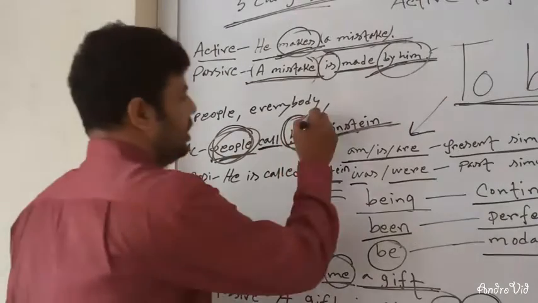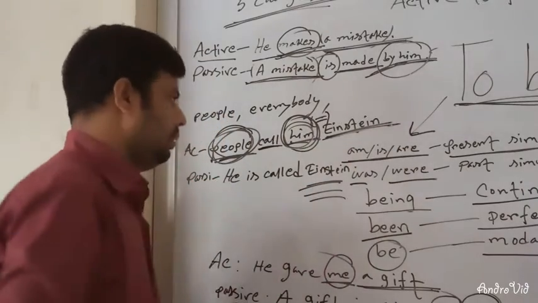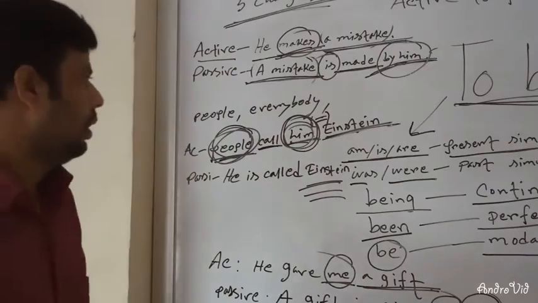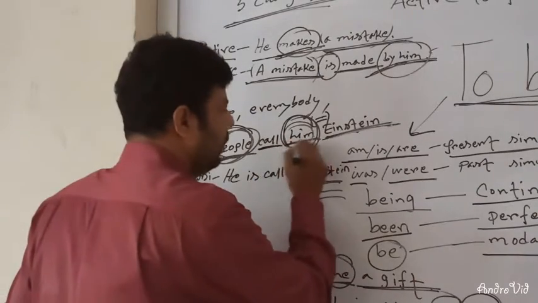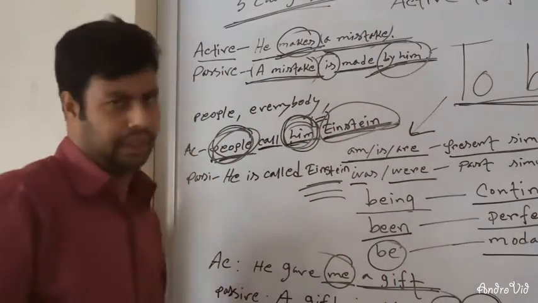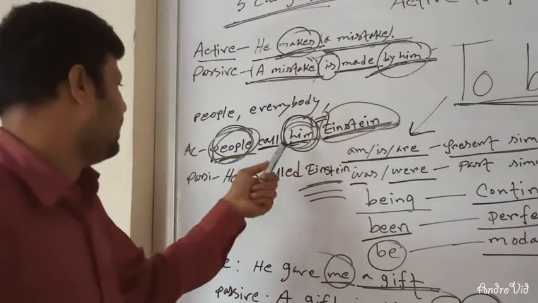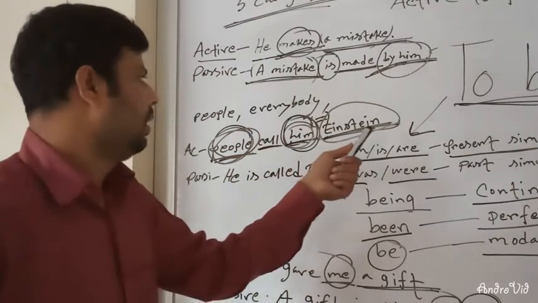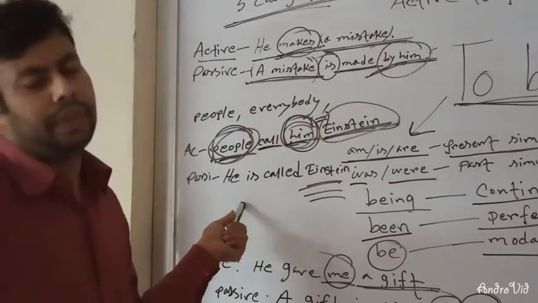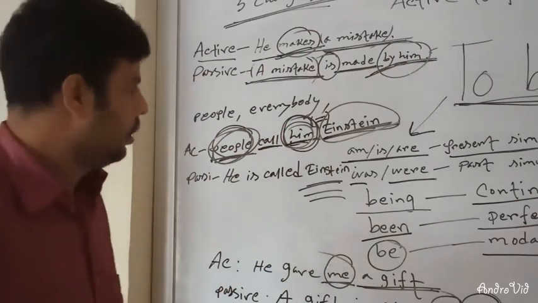You can assume that we have him here, we have Einstein. Him and Einstein, they two are the same person. That is why we call the word Einstein a complement. So if you have a complement in the active voice, in that case you cannot use the complement as the subject in the passive voice, because a complement cannot be used as the subject of the passive voice.